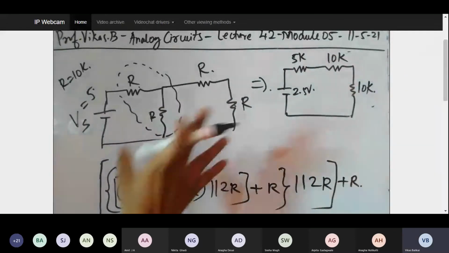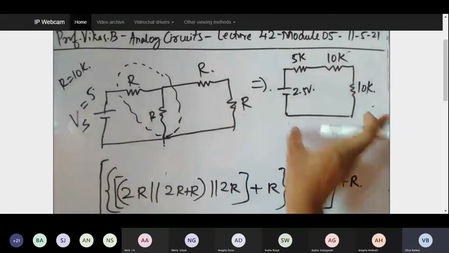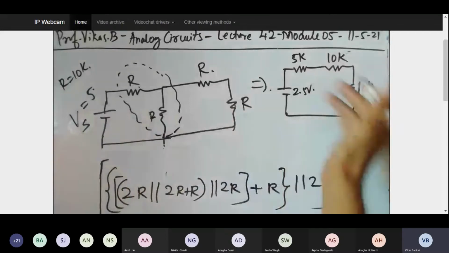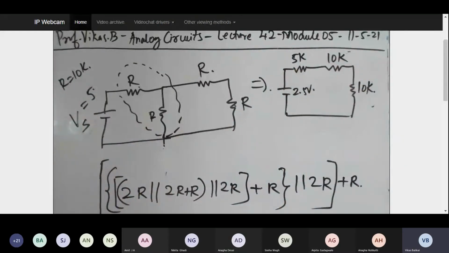So now for the second wing, the circuit will be reduced like this. Now if I try to calculate the resulting VTH and RTH, if I want to calculate VTH, it will be the voltage across this 10K. Again you apply the voltage division rule. So that is this voltage multiplied by 10K.